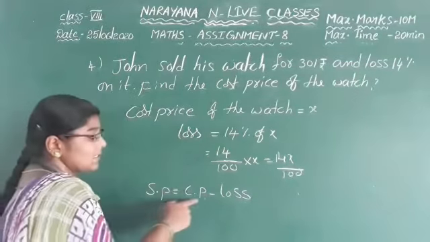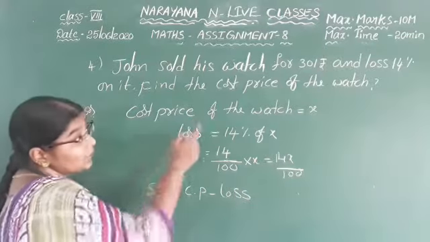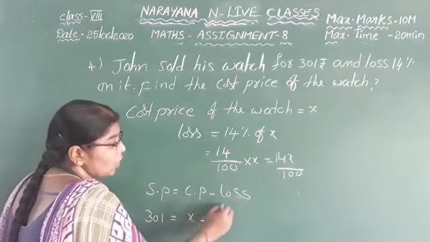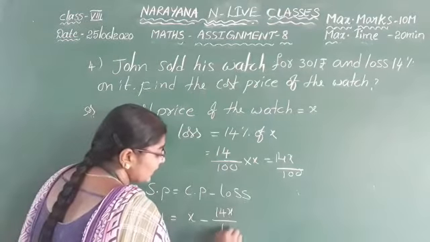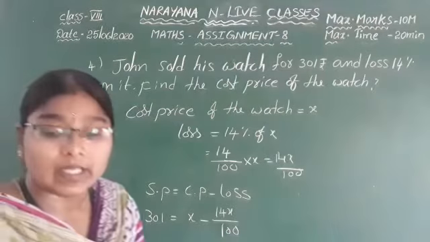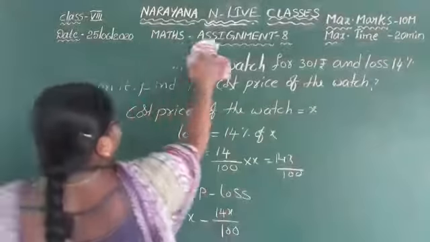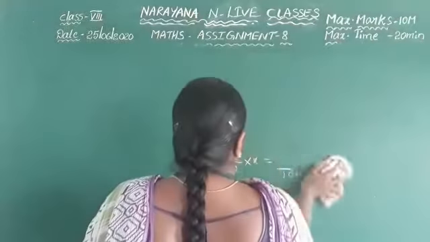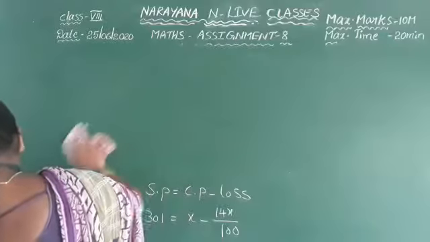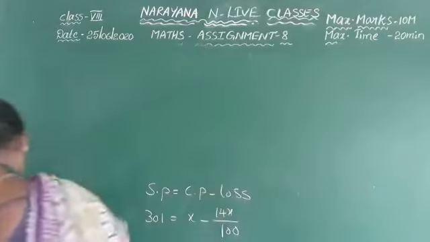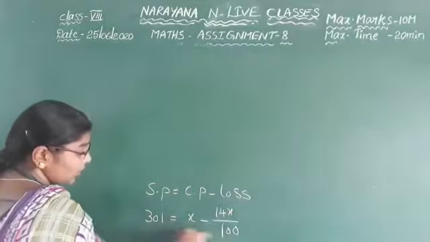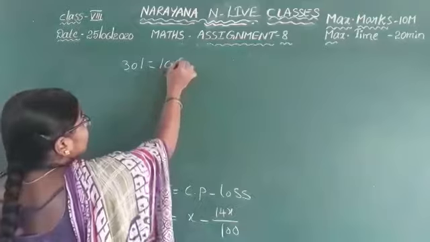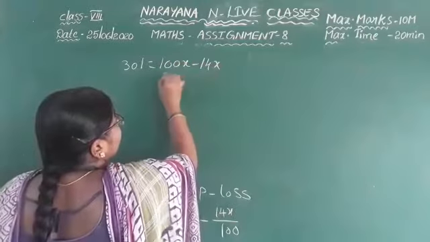So selling price is equal to cost price minus loss. The selling price is 301 rupees, the cost price we don't know, it's x, and the loss is 14x by 100. So 301 is equal to x minus 14x by 100.